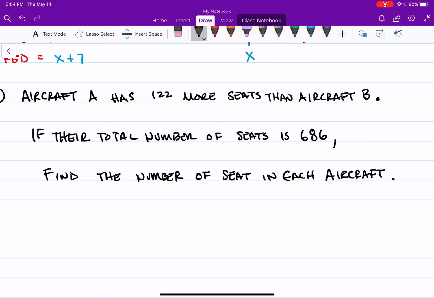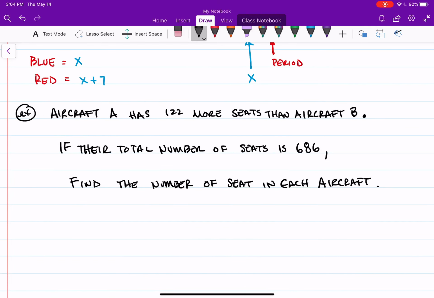Okay, so there it is. So automatically I go, okay, number one, I know what my X is. So out of all this, what's my X? So I find the period.